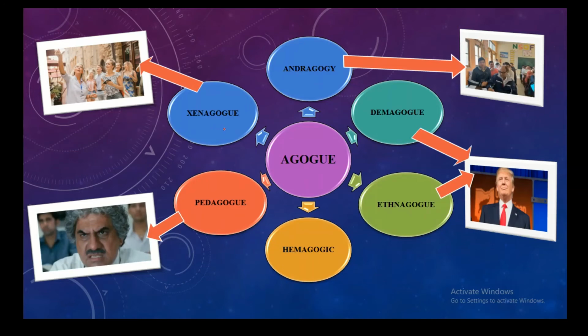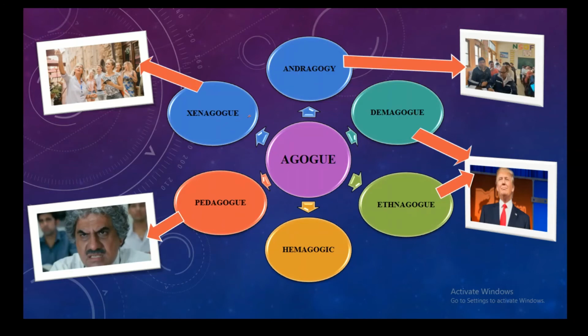Next comes synagogue. Synagogue meaning a tour guide or guide book for tourists or visitors. Here see in the picture, a tour guide is leading or guiding a group of tourists here. So this is known as synagogue.